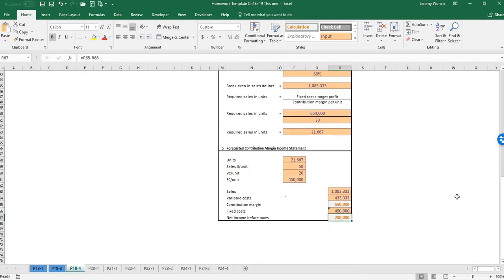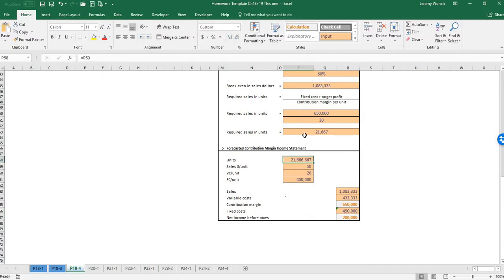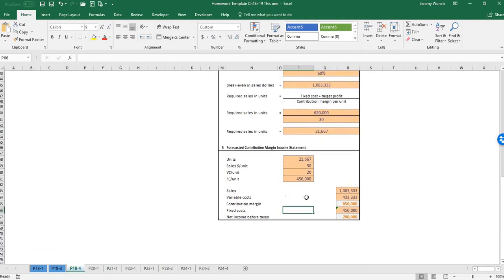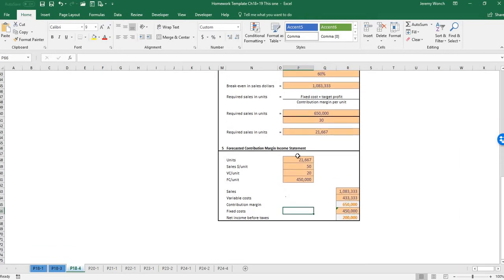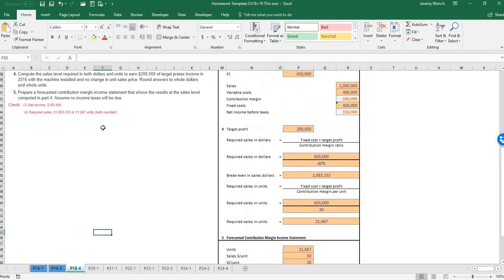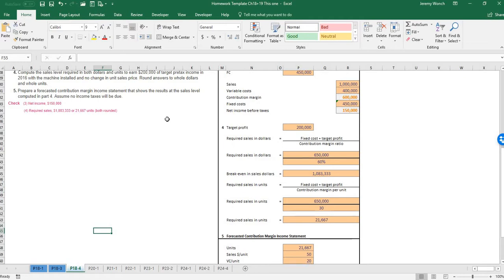And as far as Connect goes, it may want you to accept a rounded number. For example, this is not an even number. So if it wants to use just the whole number, which I think it might say something about up here, oh, round to the whole numbers.